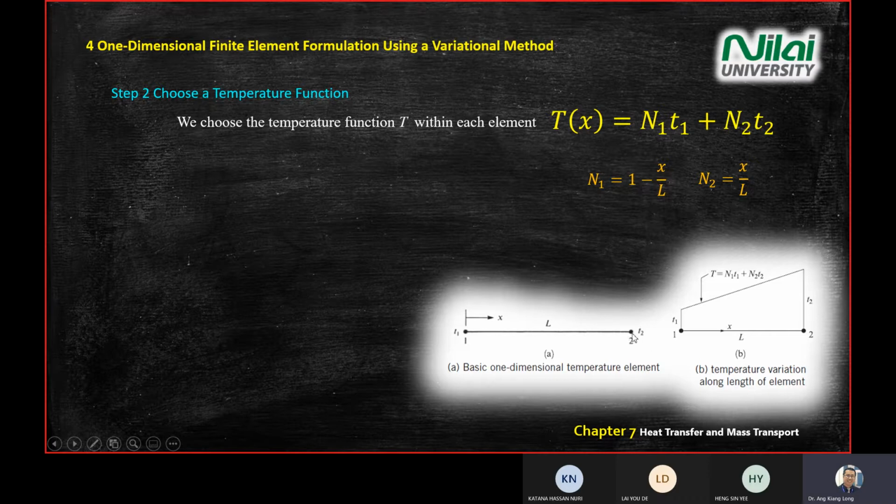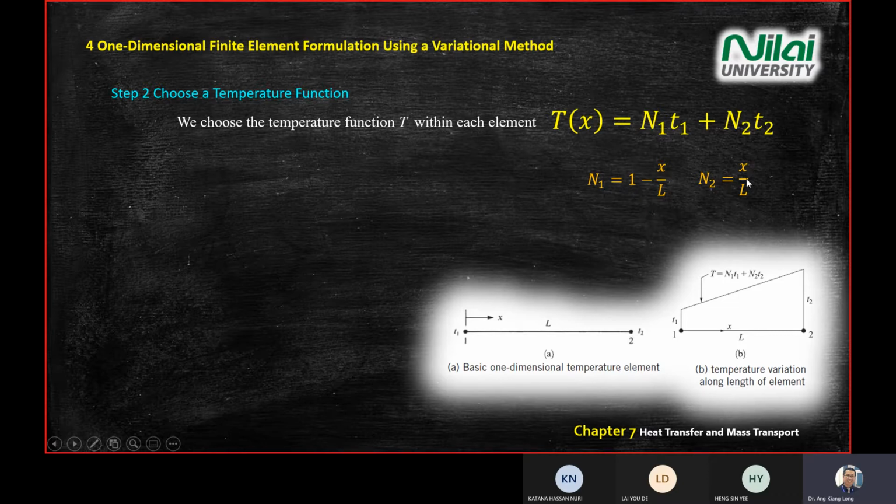If you look at point number 2, your x is L, so your N1 will become 1 minus L divided by L, where you get 0 for N1.